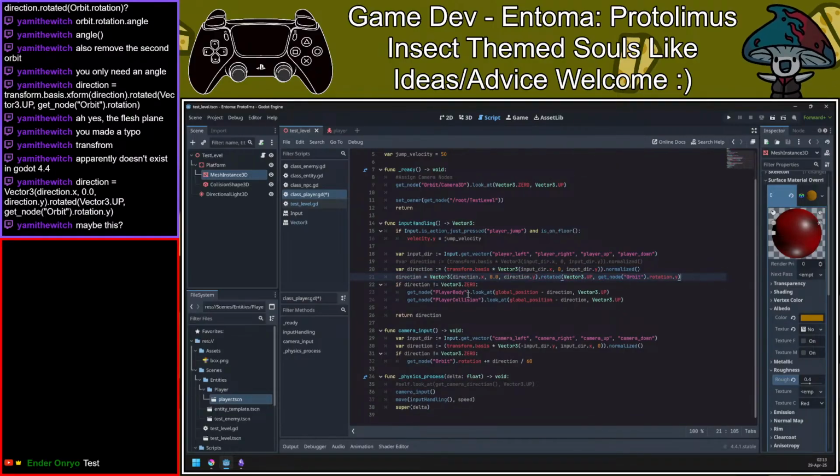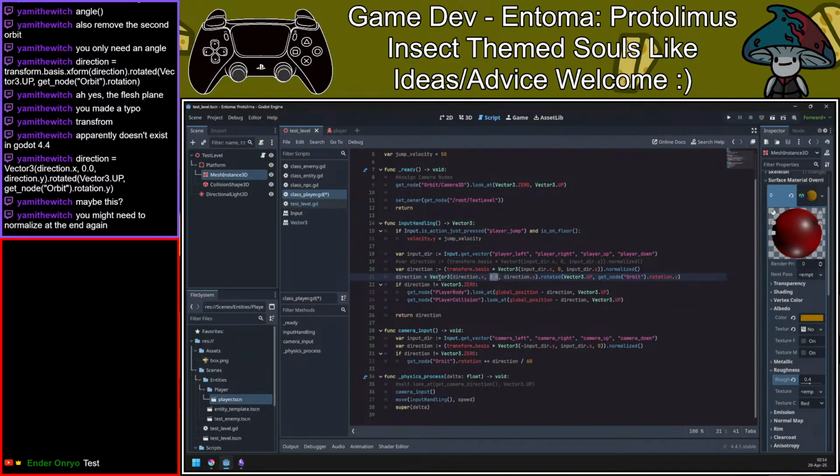Direction equals Vector3 direction.x, 0, direction.y, rotated up, get node. Okay, so it's rotating. So cut out the z-axis.